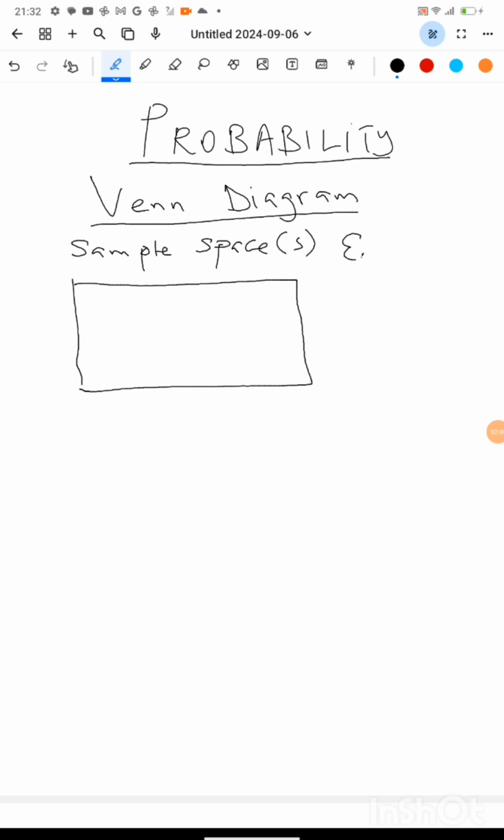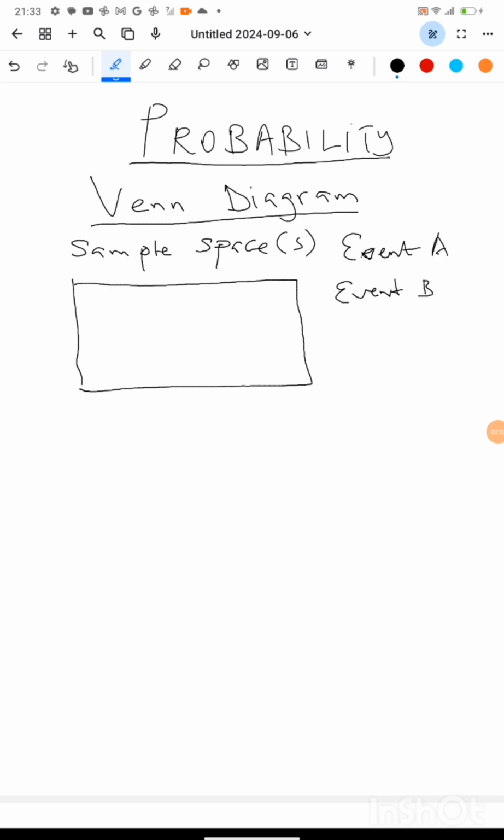So you either have event A, and then you'll have also event B, right? So you can get event A, B, and C, but I think for grade 10, you're most likely to just have 2 events.